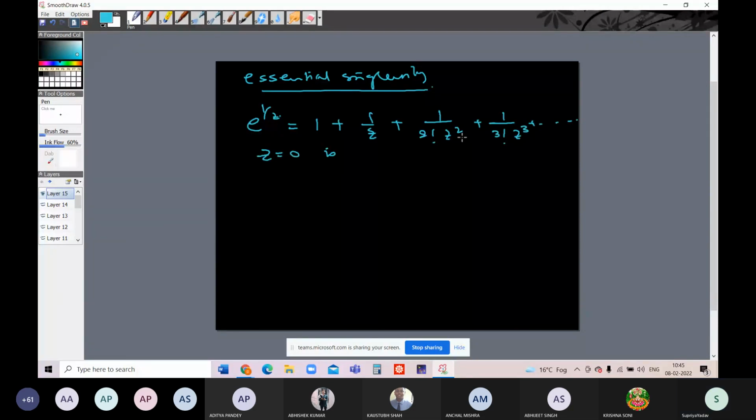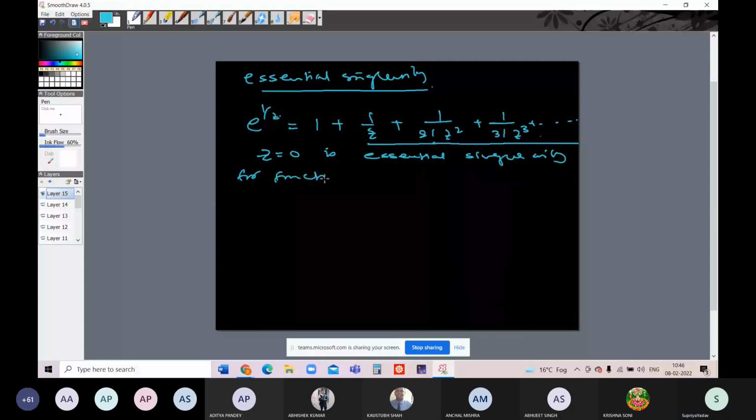You can see that in this series there are an infinite number of terms. So here z = 0 is an essential singularity for this function f(z).